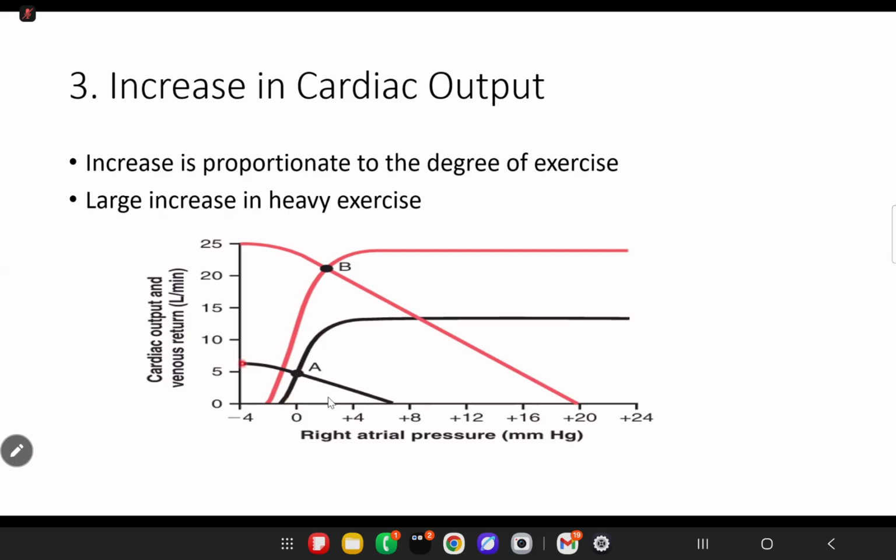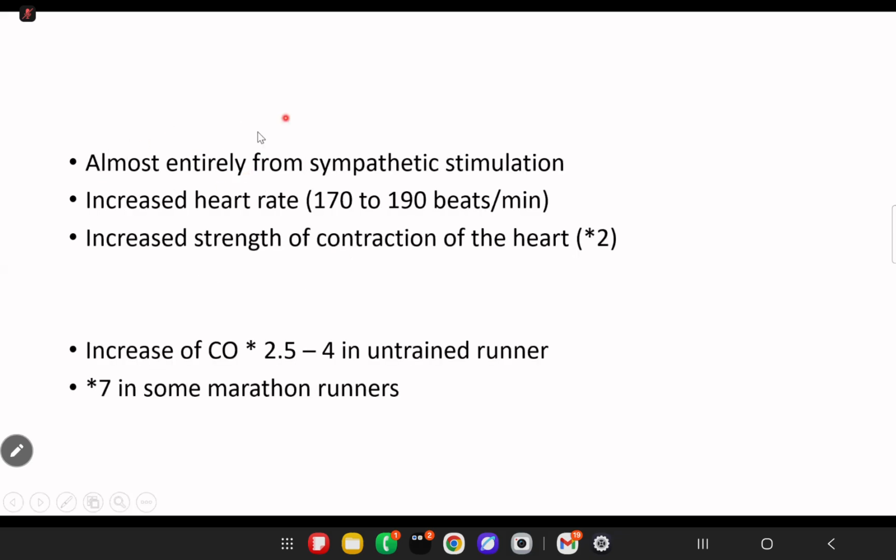From this point to this point, you can increase your cardiac output and your venous return with heavy exercise. So you can see from 5 liters per minute, it can go up to somewhere around 20 to 25 liters per minute. This is done almost entirely from sympathetic circulation.